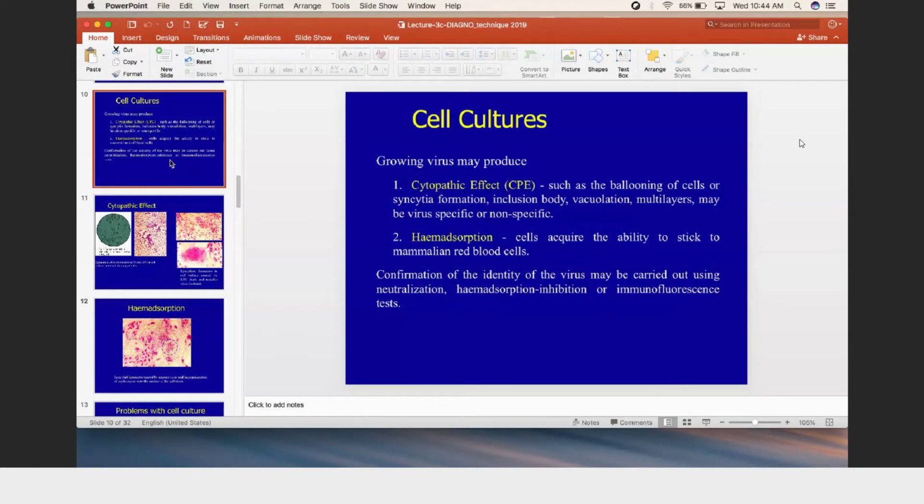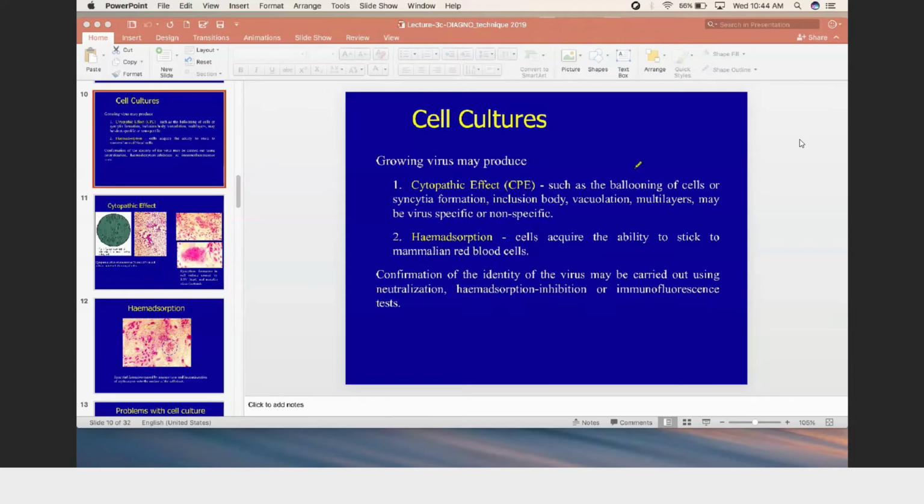Cell culture, I mentioned yesterday, I think, about the cytopathic effects. You can see the ballooning of one of the, what we call this, cytopathic effects, actually the pathology that occurs in cells following virus infection.